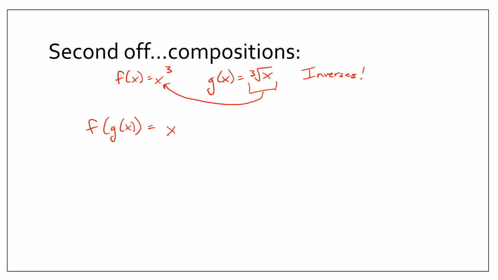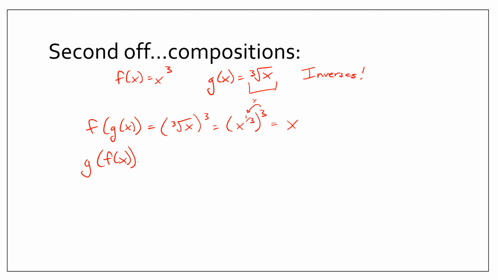So instead of x cubed, I'm going to have the cube root of x cubed. I took g and I put it into the x in f of x. But what happens here? This is like x to the 1/3 cubed. I know here that these exponents need to multiply, so I'm left with just x to the first, or just x.